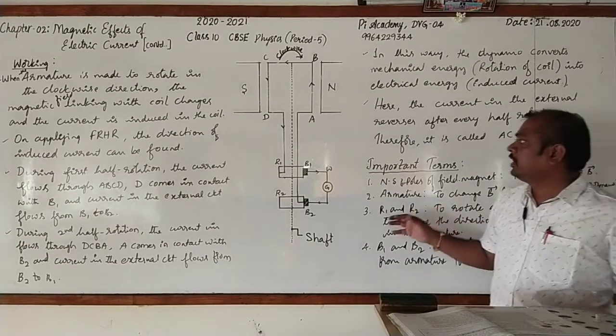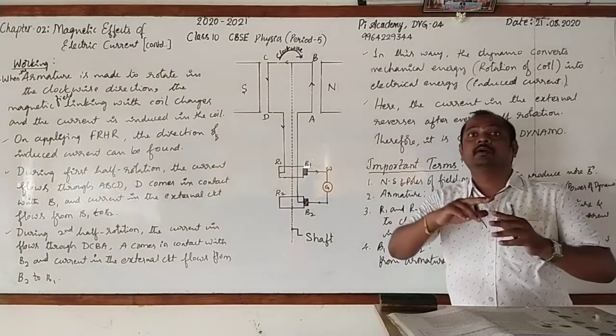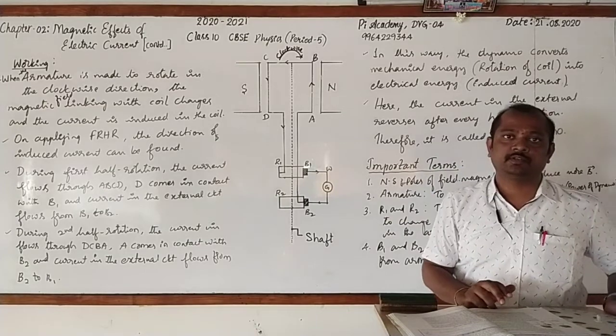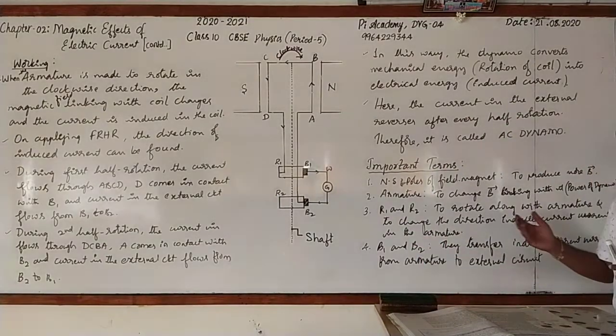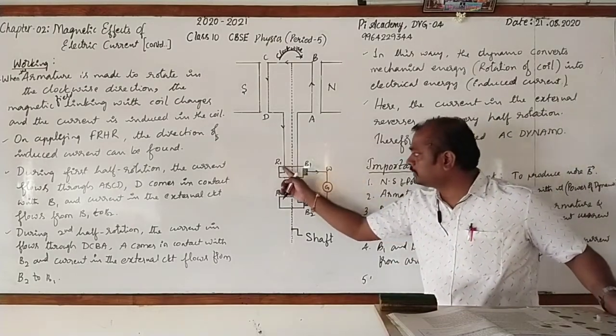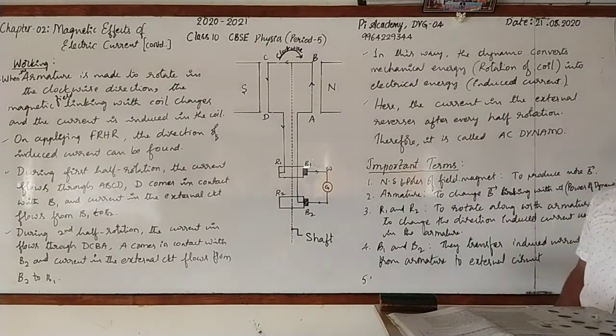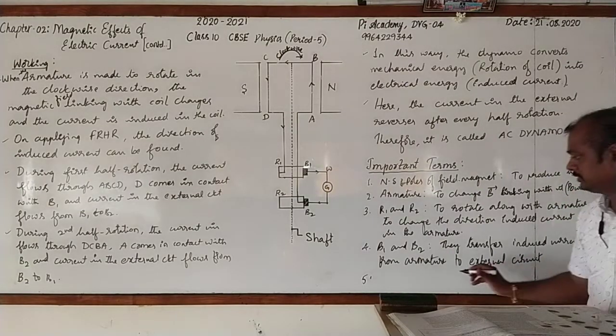Followed? And we can even say that R1 and R2 help in reversing the direction of induced current. Got it? And one more thing: the rings and carbon brushes, these two together are called the commutator.